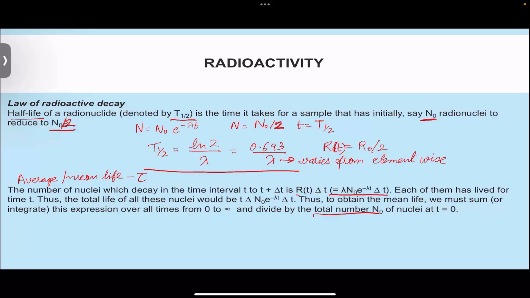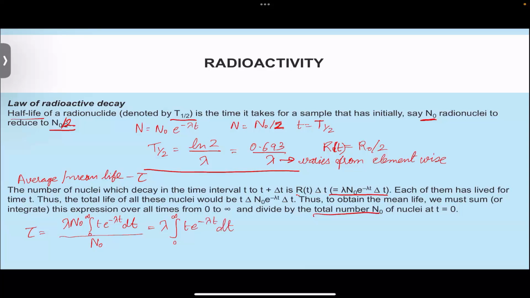So tau is equal to lambda n0 integral from 0 to infinity of t e to the minus lambda t dt, divided by n0, which is lambda times the integral from 0 to infinity of t e to the minus lambda t dt.